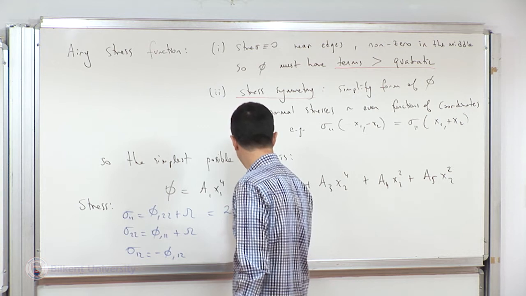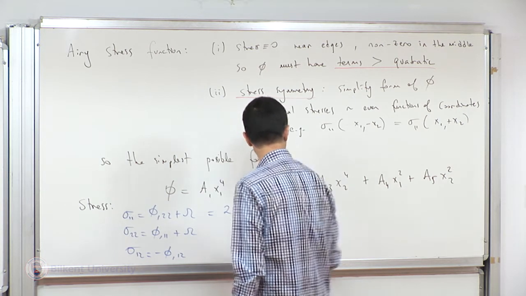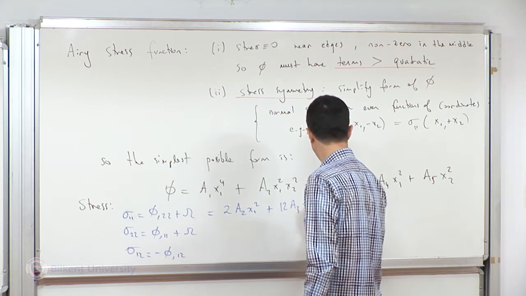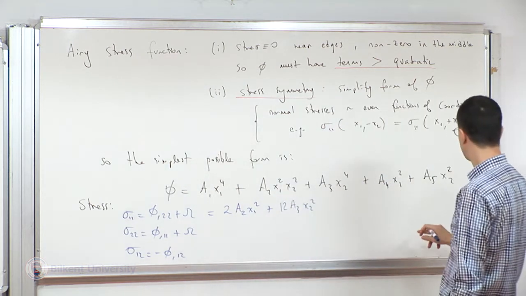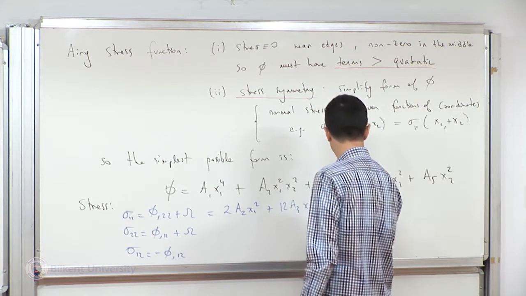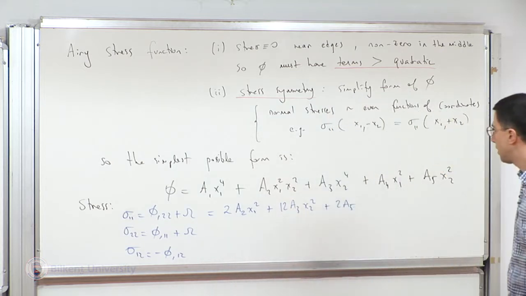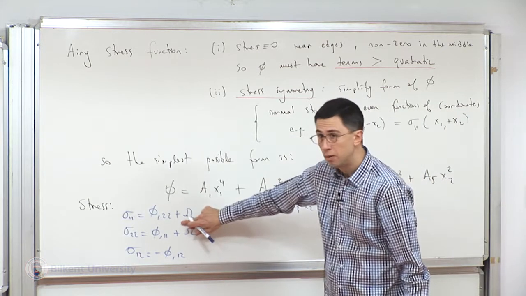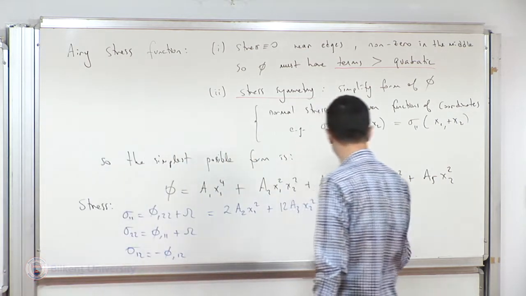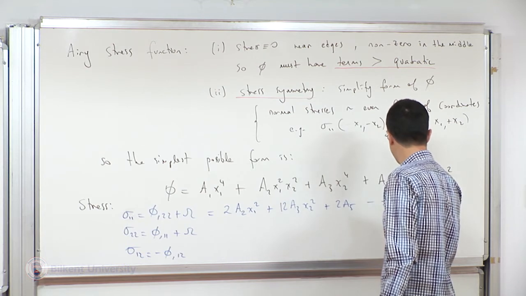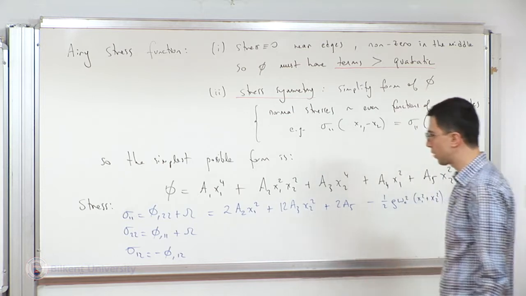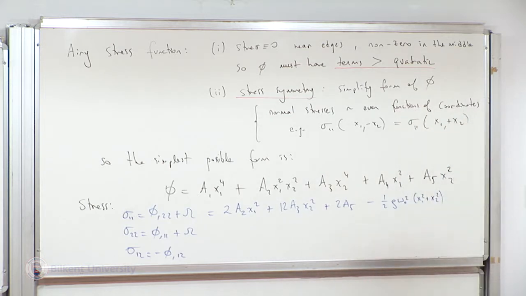So I have 2a2 x1 squared plus 12a3 x2 squared plus 2a5. Okay? Plus omega. Don't forget the body force. So minus 1/2 rho omega naught squared (x1 squared plus x2 squared). So that's sigma 11.